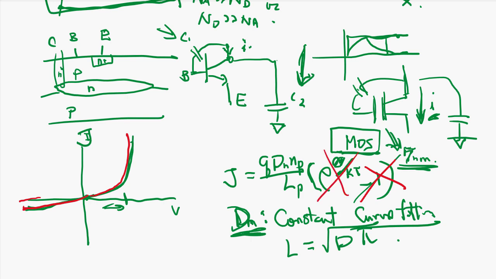This one disappears and it becomes Q D_n n_p over L_p, constant. So after a certain negative voltage, it's going to be constant. But can it stay constant all the way?